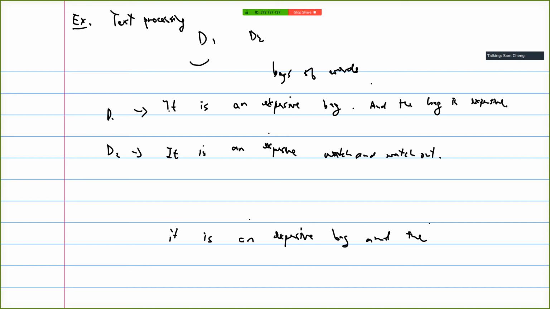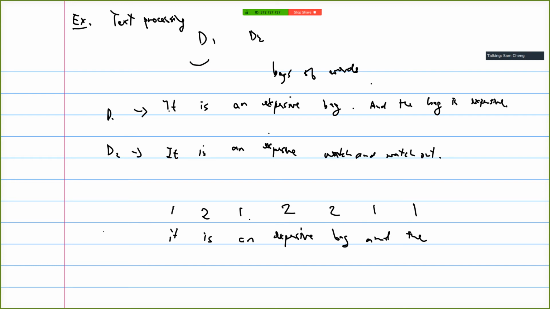Now, the number of occurrences for each of these words: it occurs one time, is occurs 2 times here, and occurs 1 time, expensive occurs 2 times, bag occurs 2 times, and occurs 1 time here, and the occurs 1 time here.